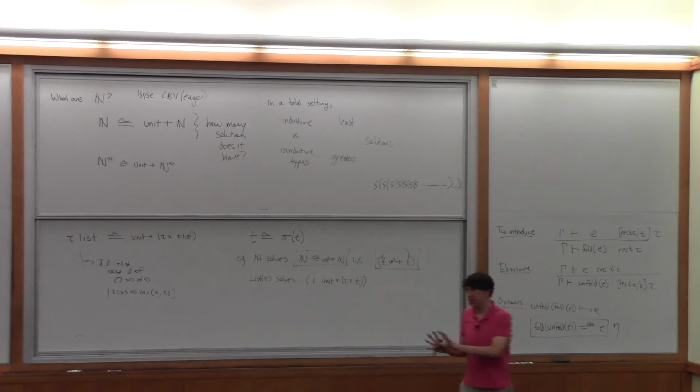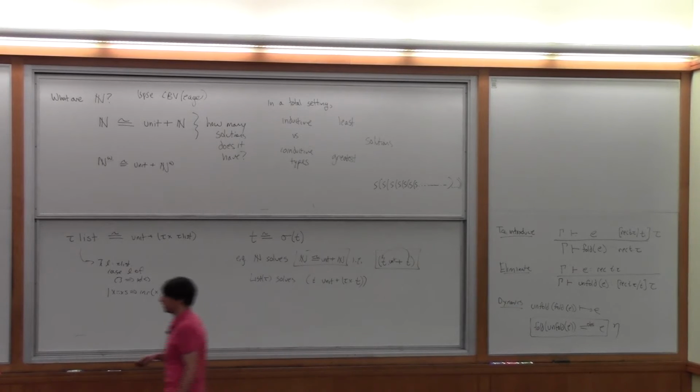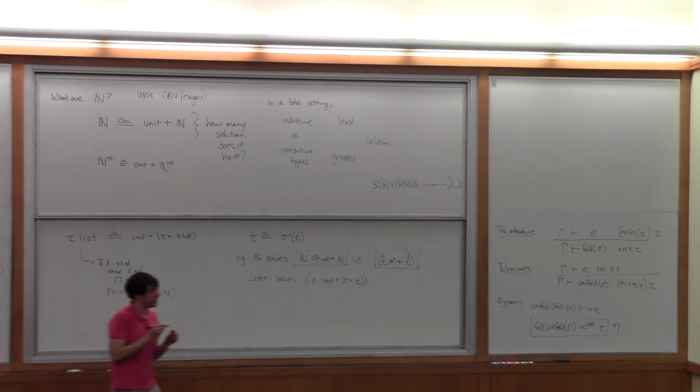Okay. Now, what I'm doing here is I'm switching gears, and I'm talking about recursive types in a partial language. This will turn out to be a corollary of that. We'll see in a second. Okay?